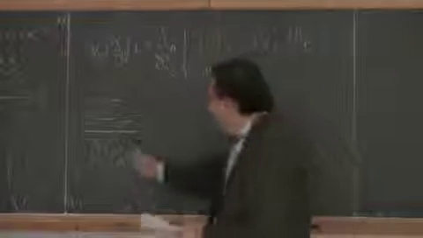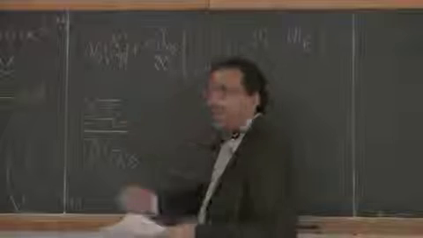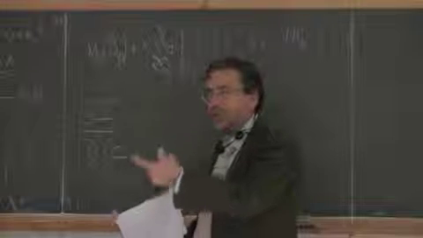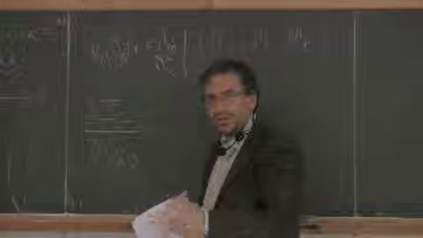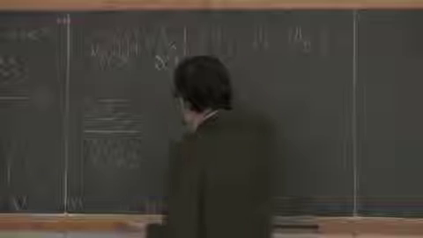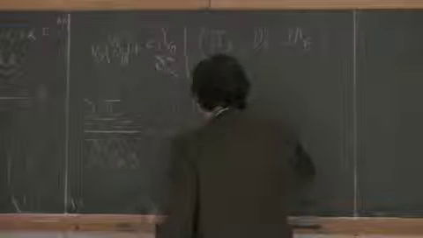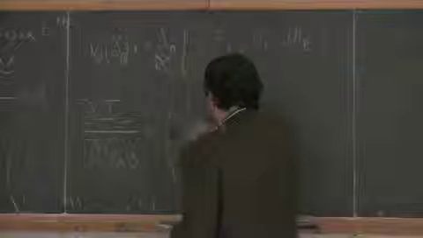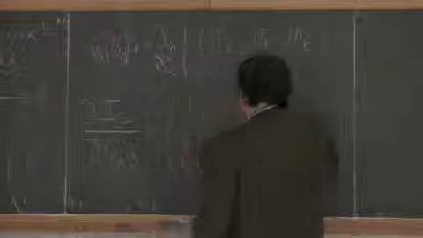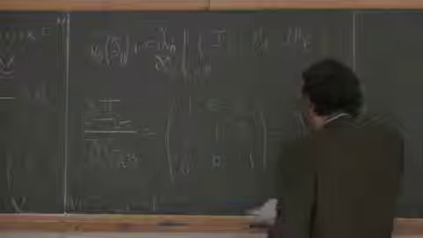This we can do quickly. What is the first invariant of G? It is G11 plus G22 plus G33. So this derivative is 1, 1, 1, 0, 0, 0. So this is delta. This is a horrible abuse of notation, but okay.